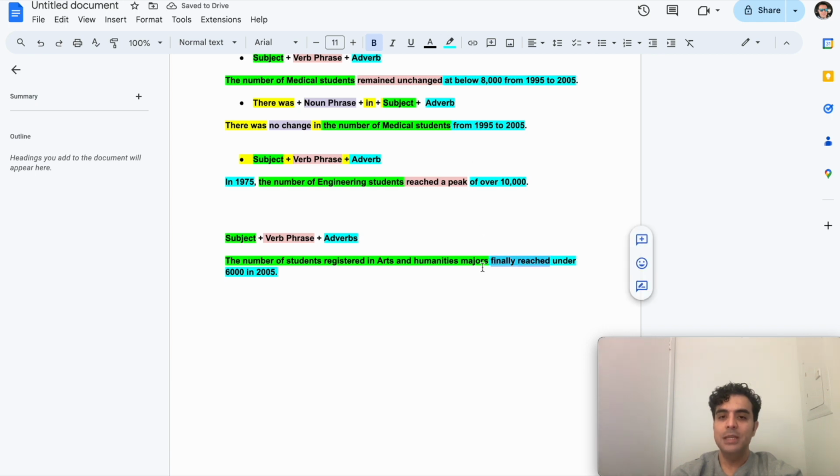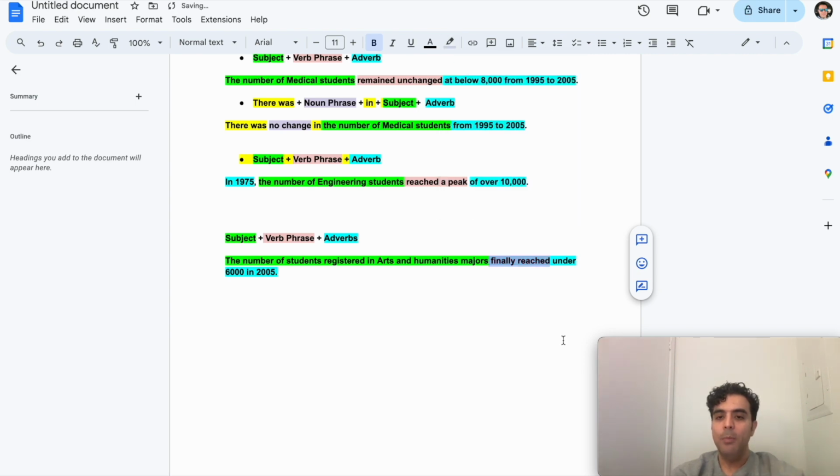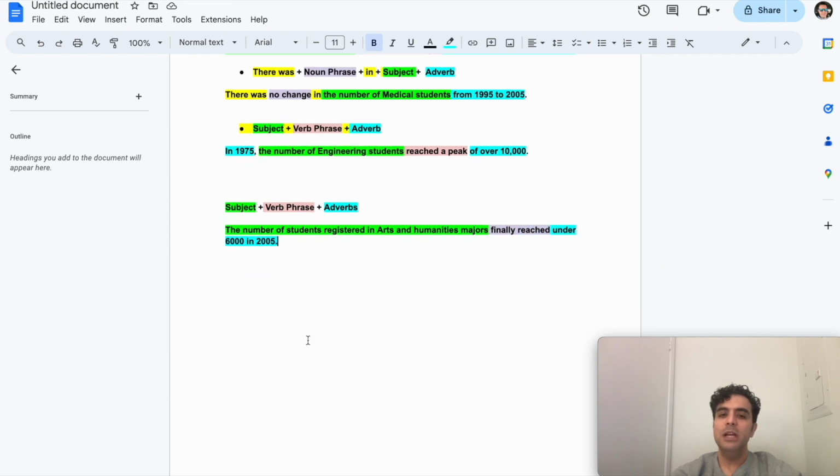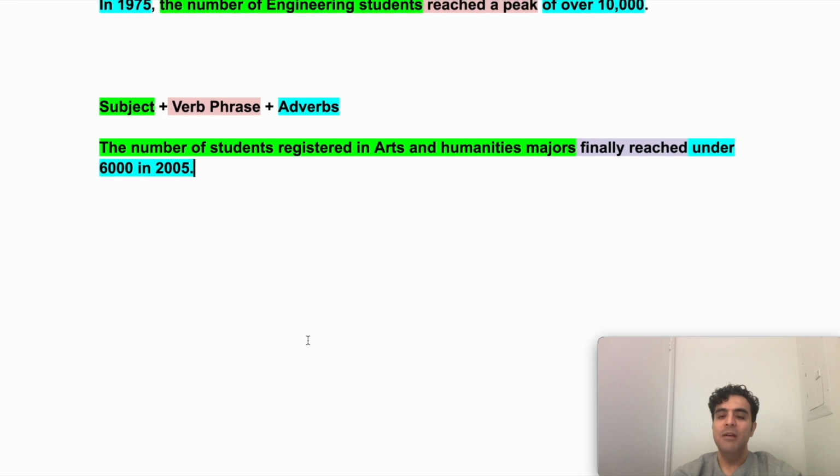Finally reached is my verb phrase. So remember, highlight that in purple. And then under 6,000, it's quantity, in 2005. Let's read it. The number of students registered in arts and humanities majors finally reached under 6,000 or below 6,000 in 2005.